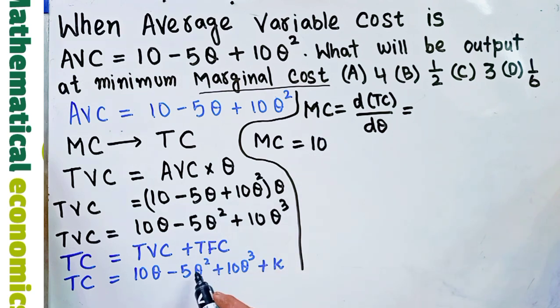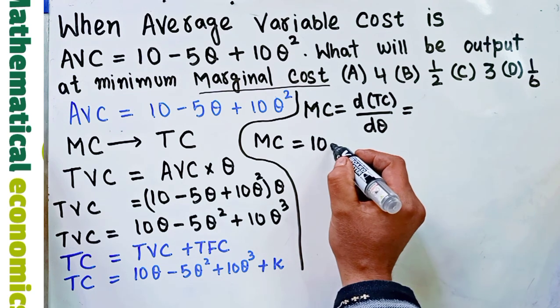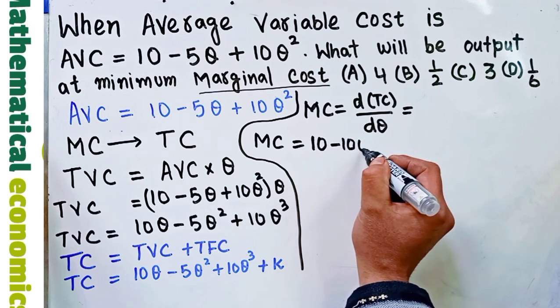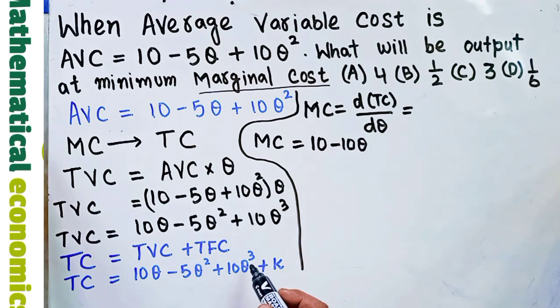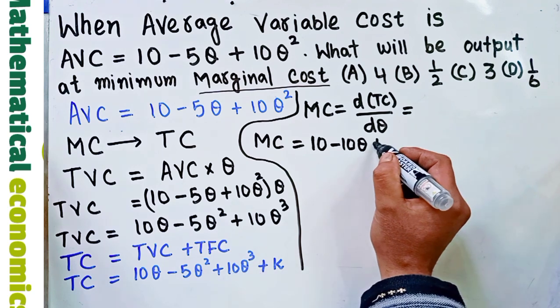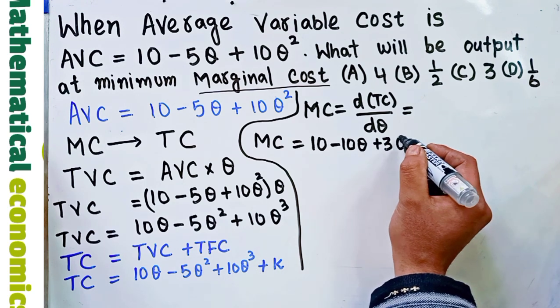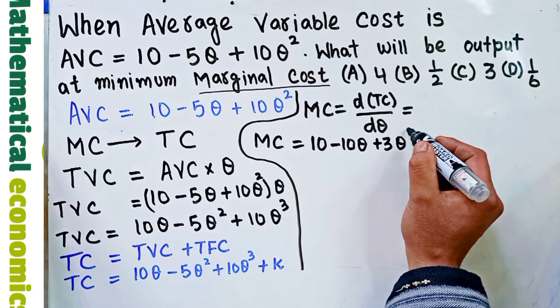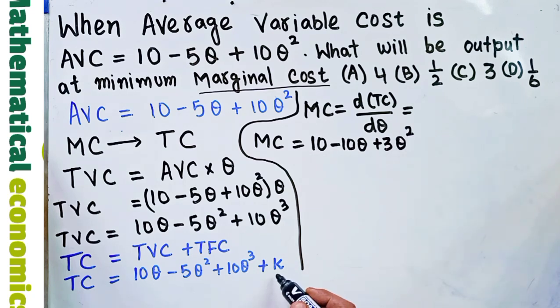Derivative of Q square is 2Q, so 2 into 5 is 10Q. Then derivative of Q cube is 3, which becomes the coefficient, so 3 tens are 30Q square, and the exponent is reduced by 1. And derivative of a constant is equal to 0, so derivative of K will be 0 here. So this is our marginal cost function.